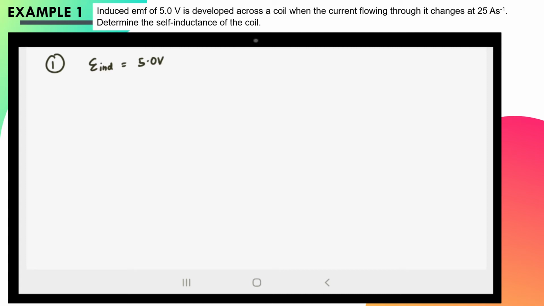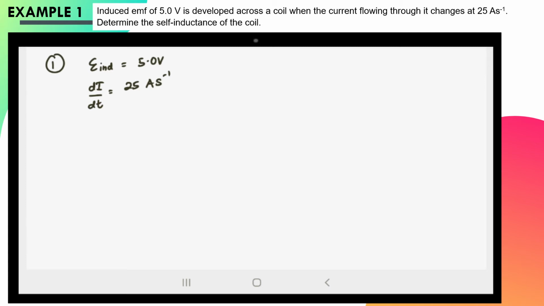So 25 ampere per second here is actually the rate of change of current through the coil. Let's write di over dt is 25 ampere per second. It's not 25 ampere, it's 25 ampere per second.